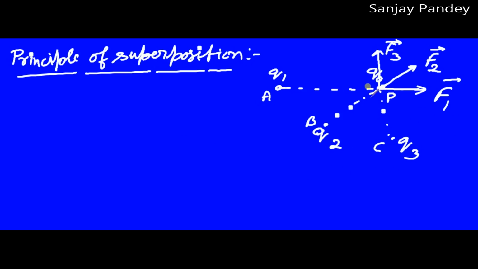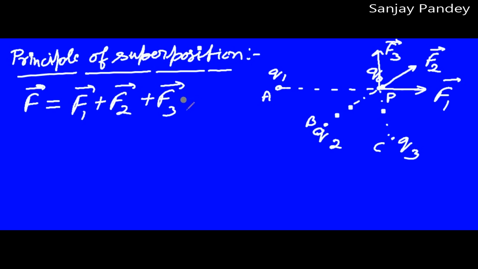Then the net force on test charge Q naught will be equal to the vector sum of all these forces F1, F2, F3 due to charges Q1, Q2 and Q3 respectively. That is, F will be equal to F1 plus F2 plus F3 and so on. This is your principle of superposition for Coulombic forces.